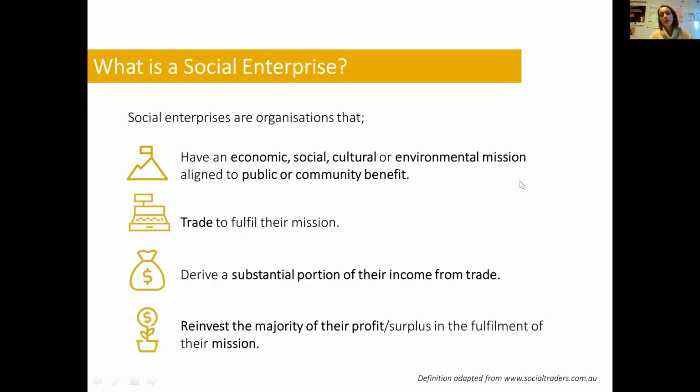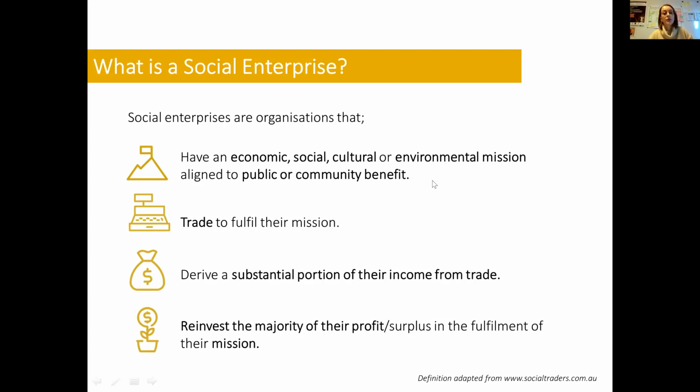Social enterprises are the organizations that have an economic, social, cultural, or environmental mission aligned to public or community benefit, such as creating a model as a solution to poverty reduction or unemployment or access to clean water, whatever related to social benefit. And they engage in trade activities to fulfill their mission.